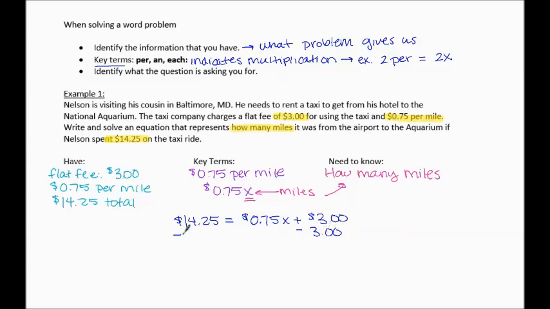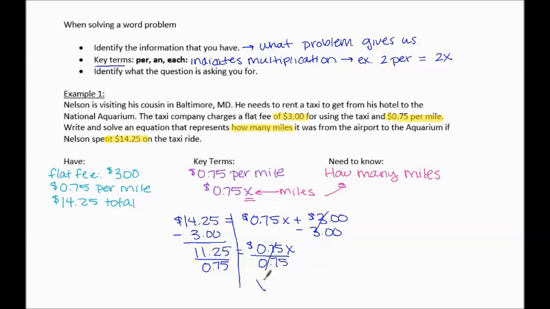So I'm going to subtract 3 from both sides. When I subtract here, I get 11.25 equals 0.75x. Draw my line there, divide both sides by 0.75.